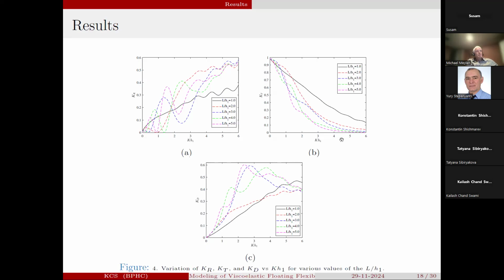But as the length of the membrane increases, you can observe an oscillatory pattern of the reflection. It happens because the reflected and incident waves interact with each other, so the reflection shows this oscillatory pattern.